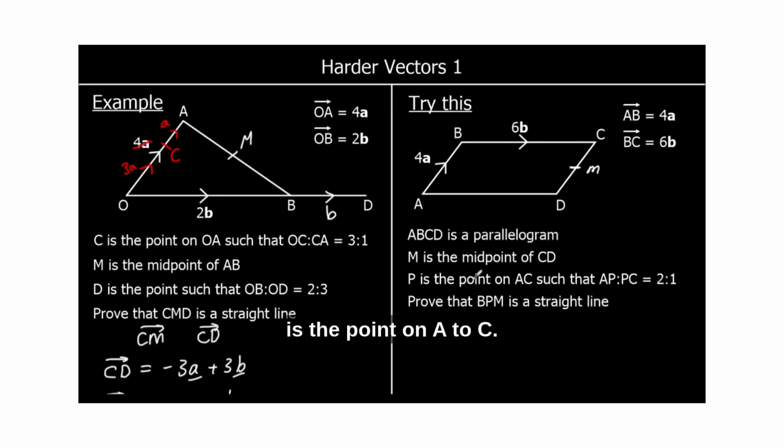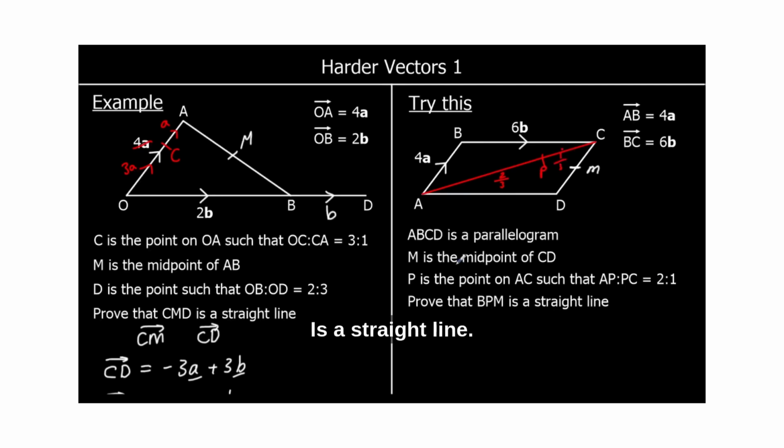P is the point on A to C. So let's draw A to C. P is the point on A to C, such that A to P is 2 parts, so 2/3, and P to C is 1/3.